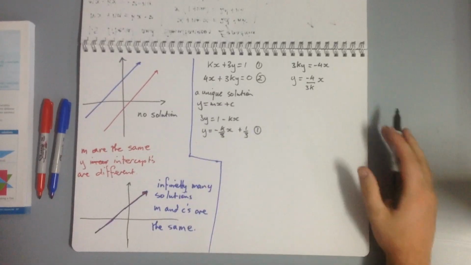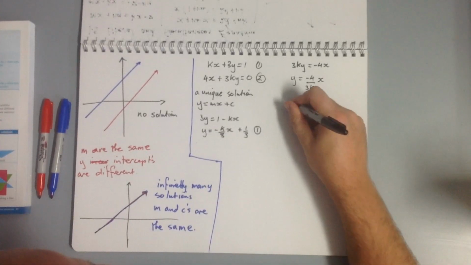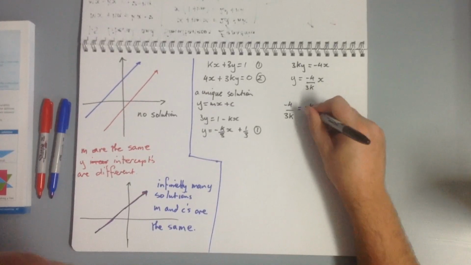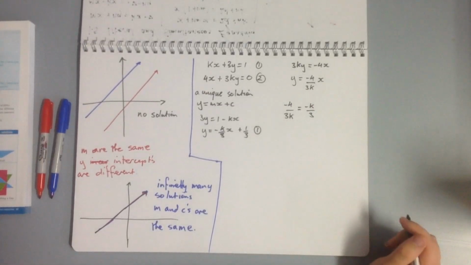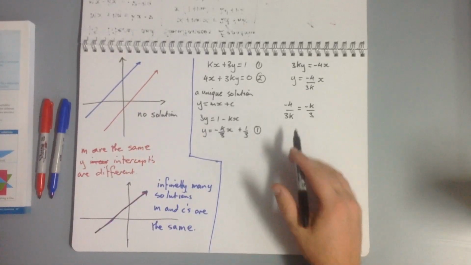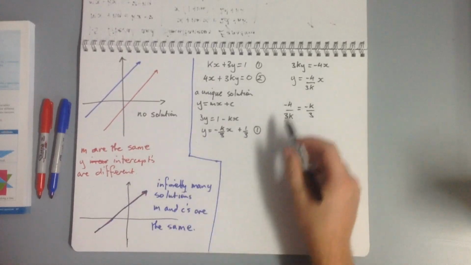So if we equate our gradients now and say our gradients are the same, we're not going to have a unique solution because we're either going to have no solutions or infinitely many. So we'll equate our gradients.